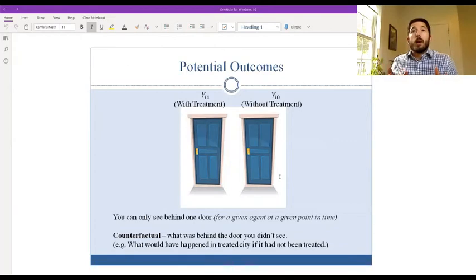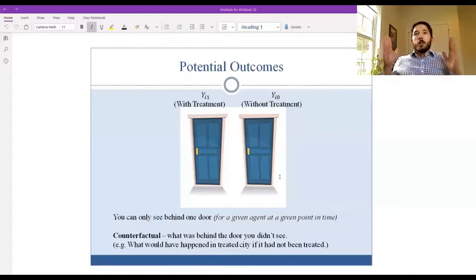So we're trying to come up with ways to guess at what's behind that door, right? And one way to think about the randomized controlled trial is it allows us to get a really good guess at what's behind that door, because we can guess that what the treated group would have looked like is the control group, because the only reason they're treated and not controlled is because we just flipped a coin, right? Same sort of idea with the conditional random assignment.